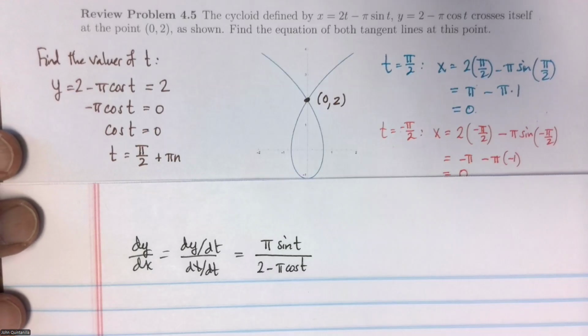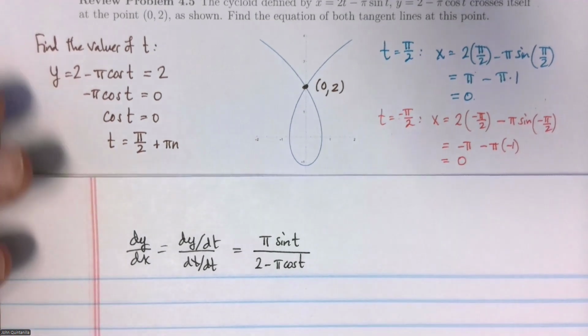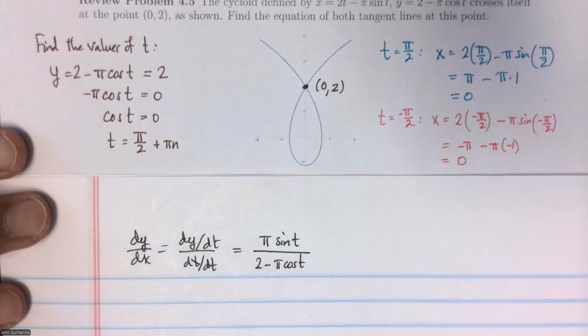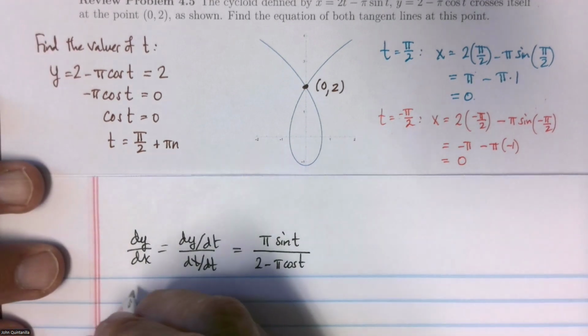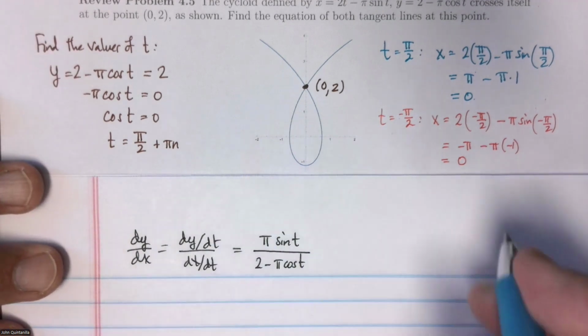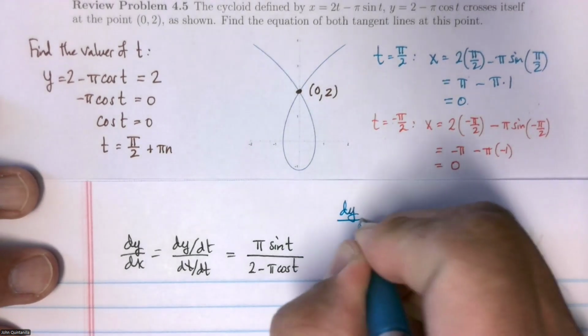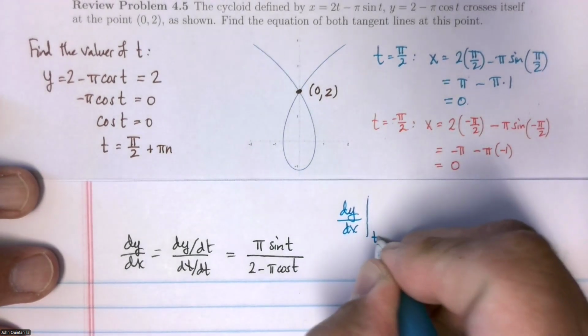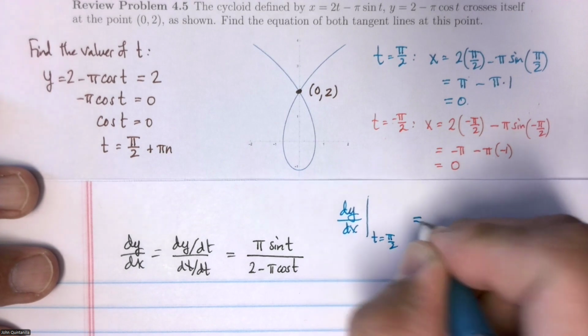And now I need to plug in the two values at that point. So first off, in the blue, dy/dx when t is equal to pi over 2.